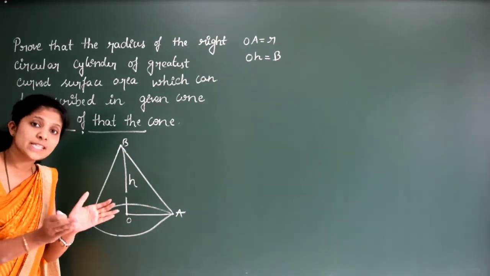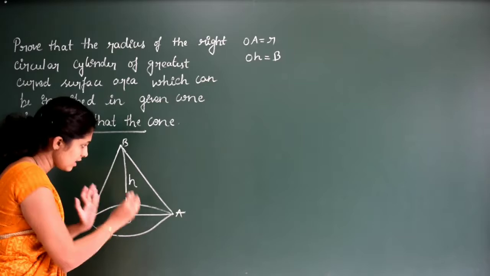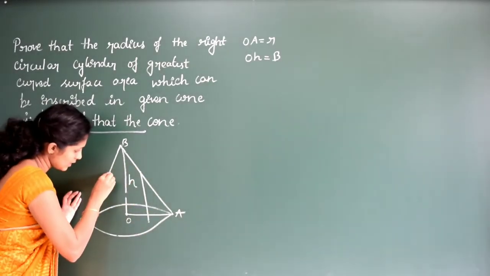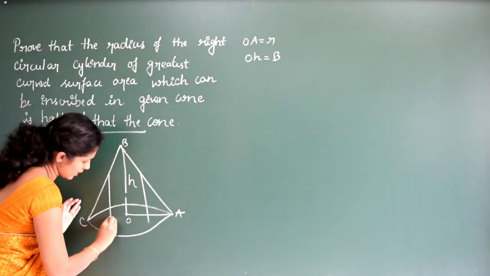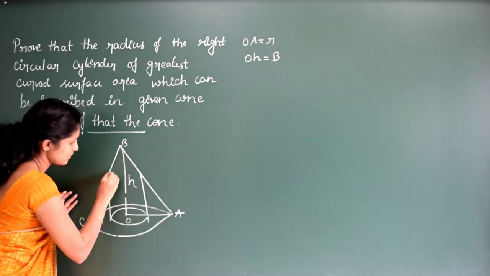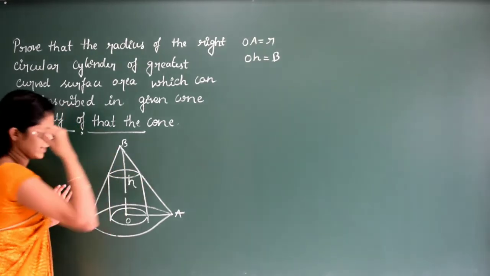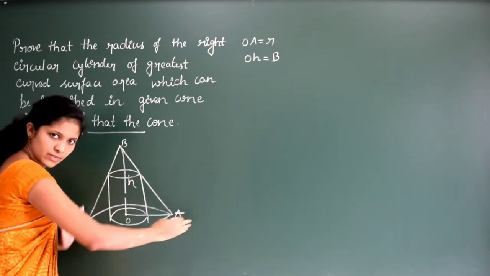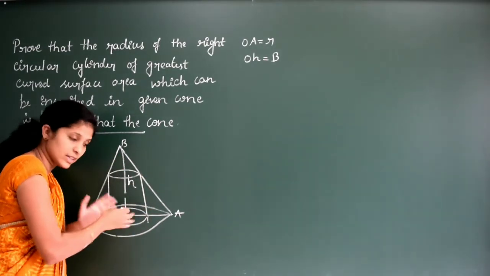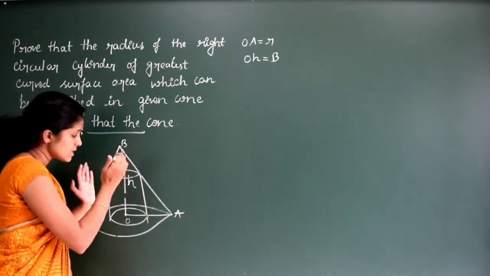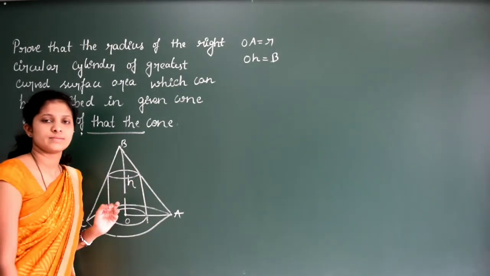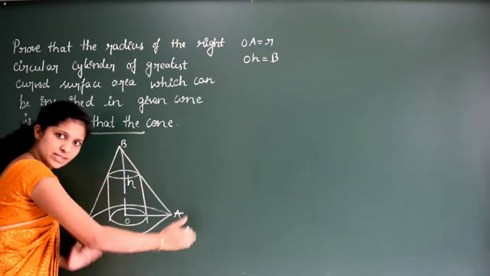Now you have to place one cylinder here. Is it clear? Please place one cylinder here. Now this is one cylinder placed here. Understood? So there is one cone, and the radius and the height of the cone are considered. Now we have placed one right cylinder. That means we have considered one cone.